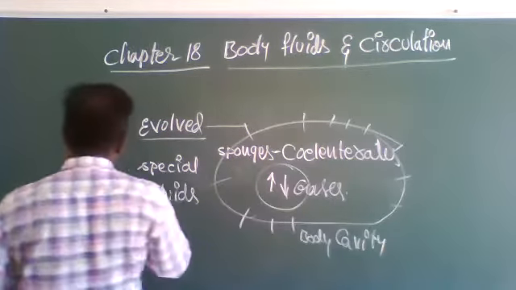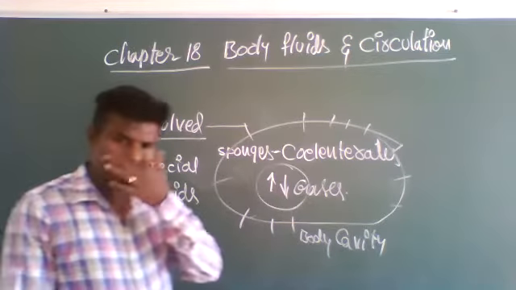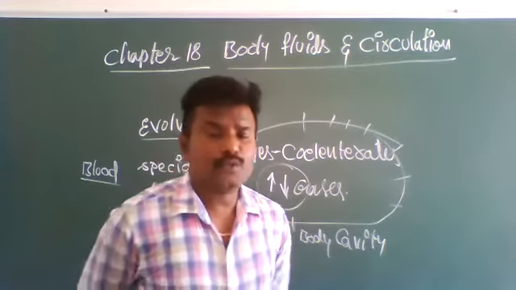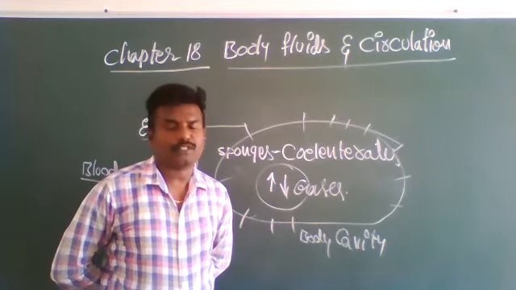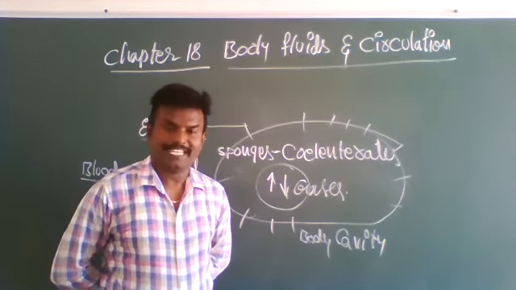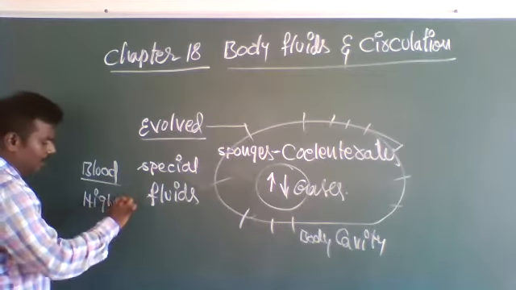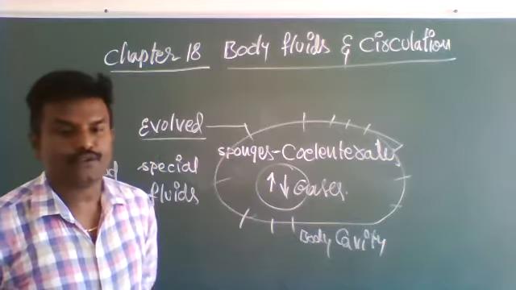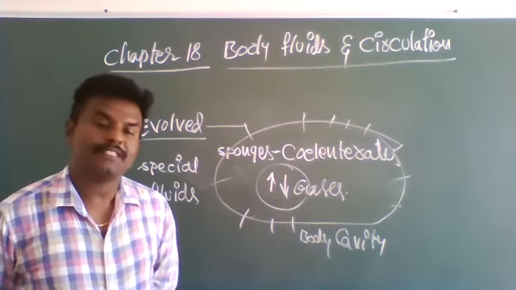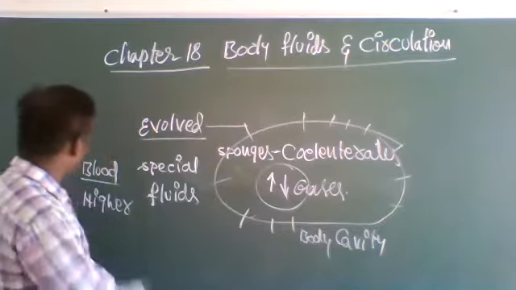So some of the organisms use blood. Blood is used to transport various kinds of nutrients and gases from one particular place to another place. Especially higher organisms, including humans, use blood as a fluid to transport various kinds of substances from one place to another.